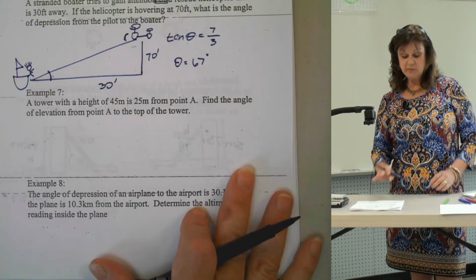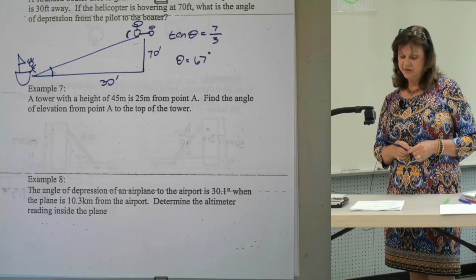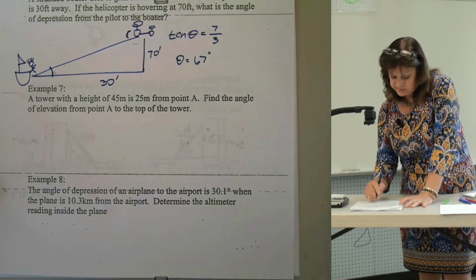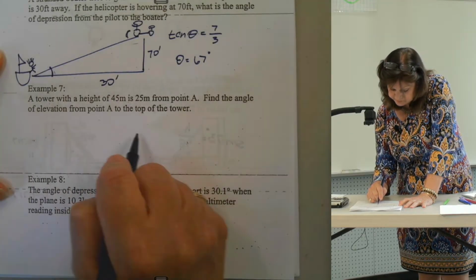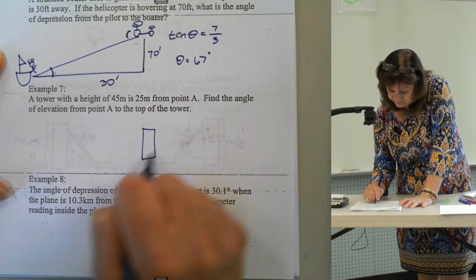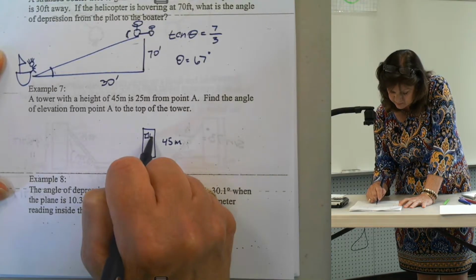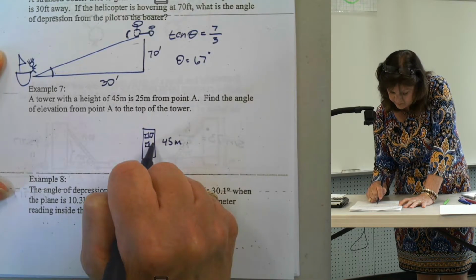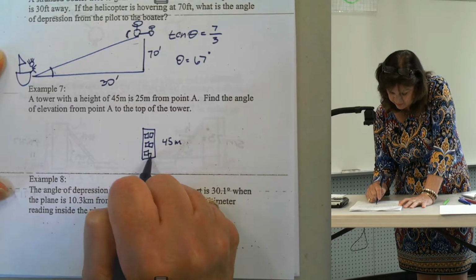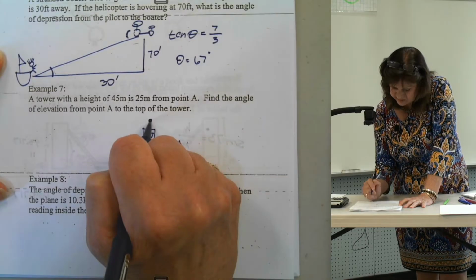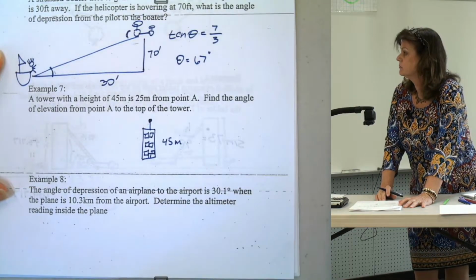Okay, a tower with a height of 45 meters is 25 meters from point A. Okay, so I've got some tower, 45 meters. It has some radio on top.